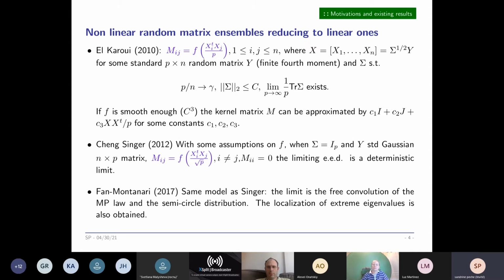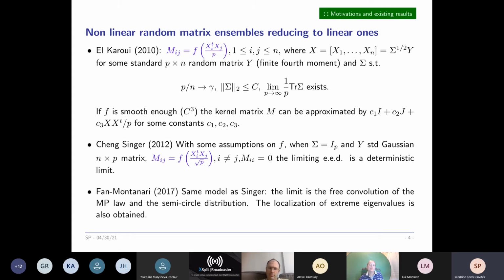Under some regularity assumptions on f, which are not precise at all here, let me refer to Noureddine's paper for completeness, he can show that the matrix M can actually be approximated in the operator norm by a linear combination of three matrices: the identity matrix, the J matrix with all entries equal to 1, and the sample covariance matrix XX star, okay, with the good normalization.